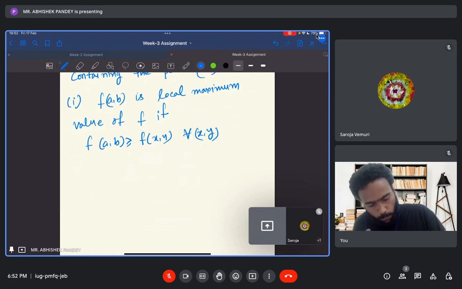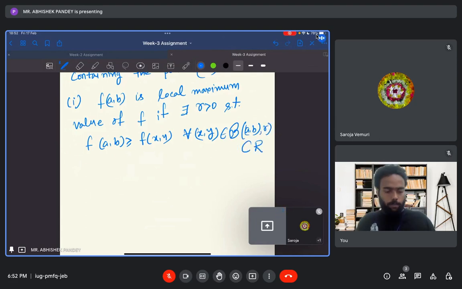So if there exists r greater than 0 such that f of A comma B is greater than or equal to this for some ball centered at A comma B with radius r, obviously this ball should be contained in the region R. Is it clear?